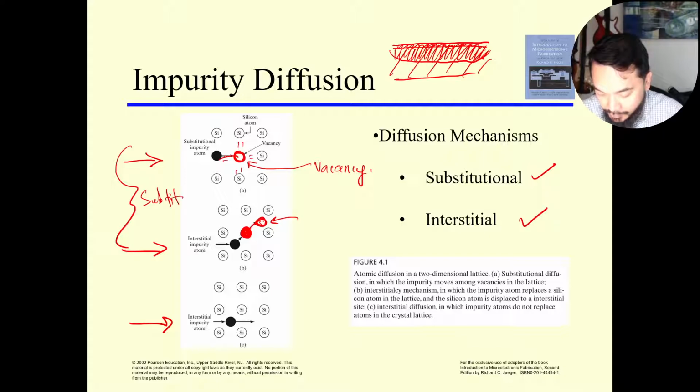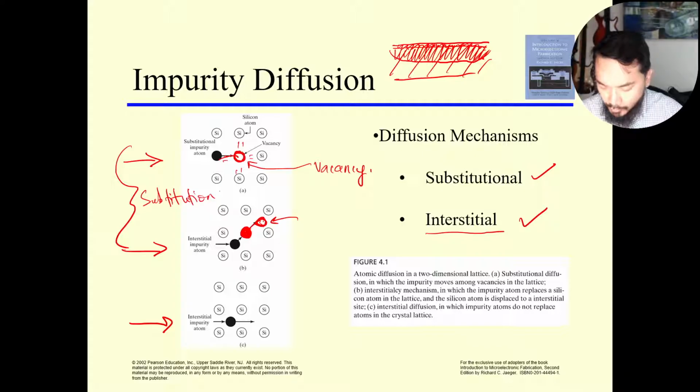Substitution is when your impurity atoms reside in the lattice point and therefore can contribute additional holes or electrons to the wafer. That is substitutional. And you can have another mechanism which is interstitial.